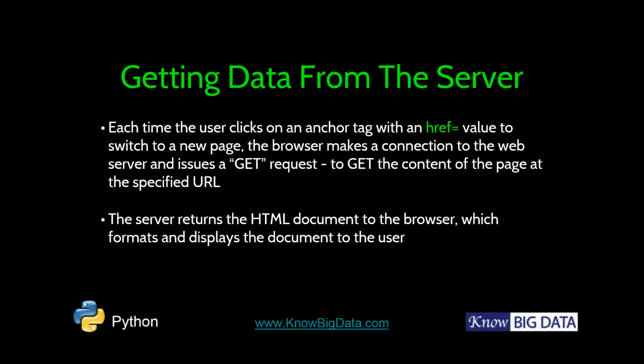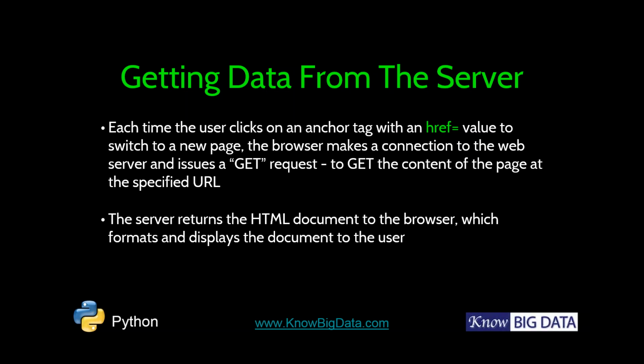Whatever URL is in the hyperlink, we want to fetch the data at that link, and that is why the get request. Whenever we want to post anything to the server, the client will send a post request. The server returns the HTML document to the browser, which formats and displays the document to the user.